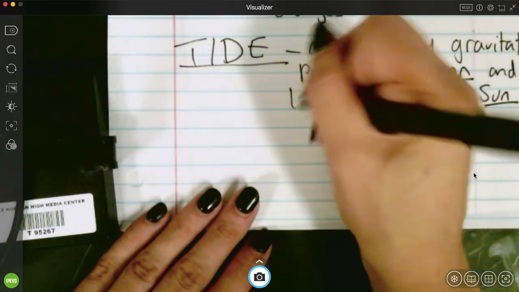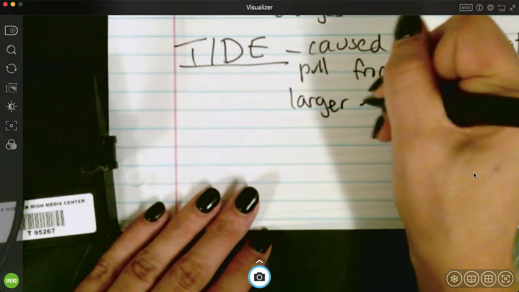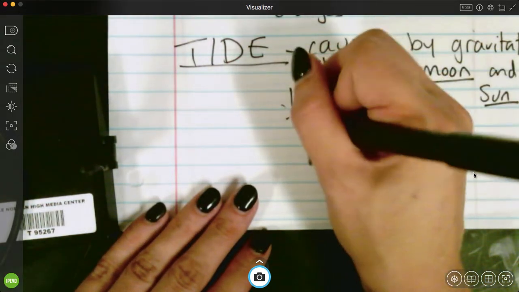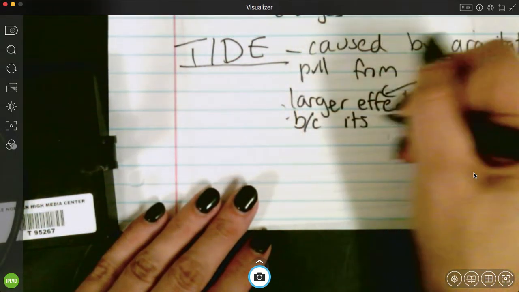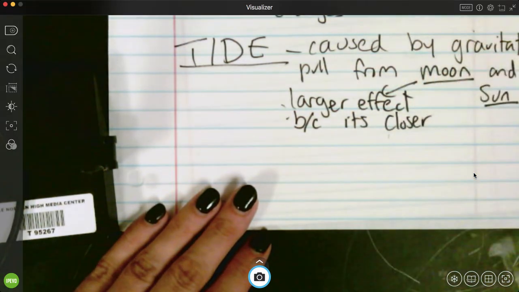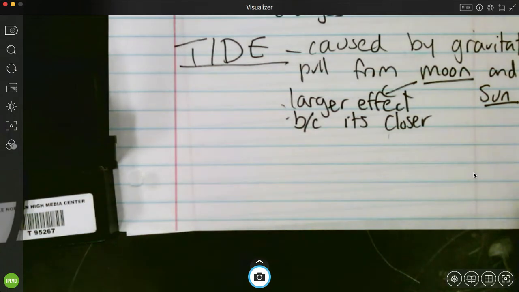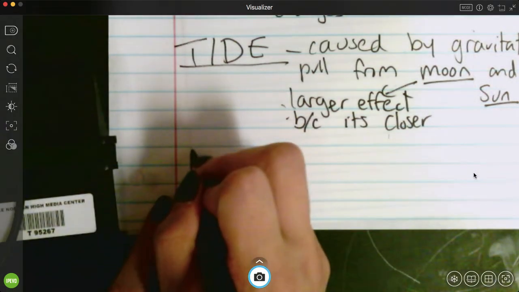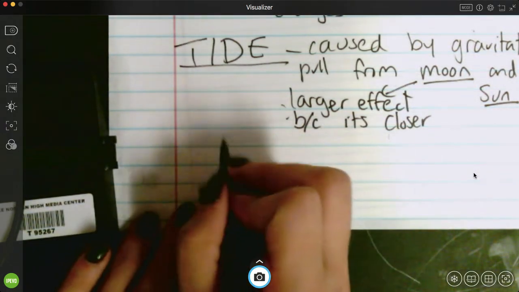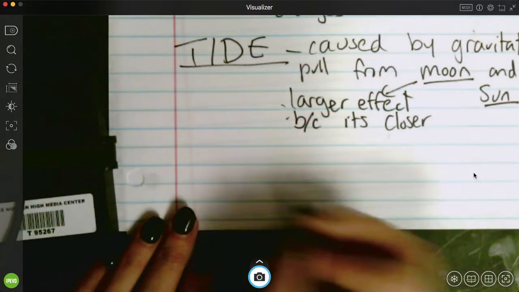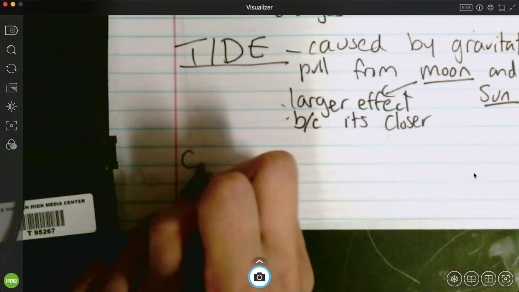The moon has a larger effect, not because it's bigger, but because it's closer. The sun is bigger, but it's way farther away. All right, so the sun will be at certain positions, and the moon and the earth will end up changing how they are to one another when they all line up.